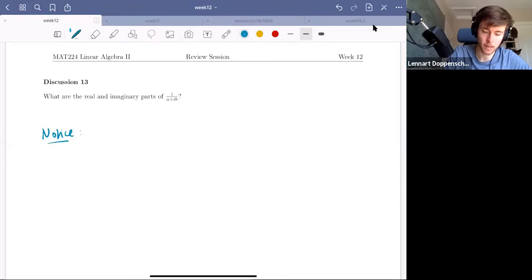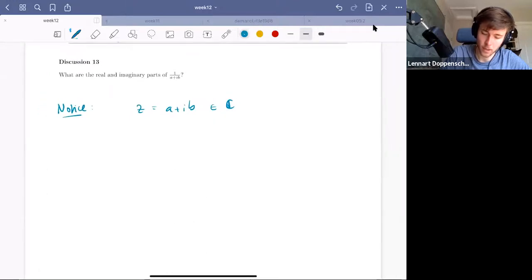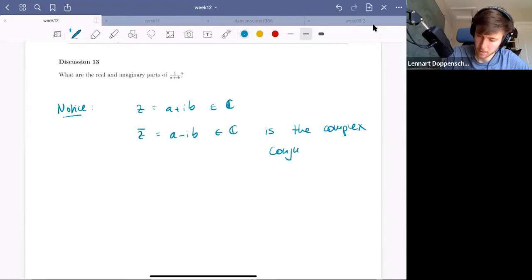Notice, if z is equal to a plus ib in the complex plane, then we denote by z bar, a minus ib, the complex conjugate of z, and you could view this intuitively as just mirrored along the, no, sorry, the real axis.